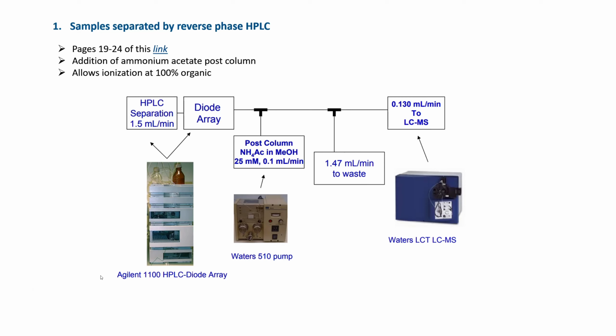The samples are first separated by reverse phase HPLC. You'll find the link on my webpage that talks about it, but it's pretty much a common approach. But we do add post-column ammonium acetate and methanol that allows you to go toward 100% organic and still get good sensitivity for ionization via electrospray.